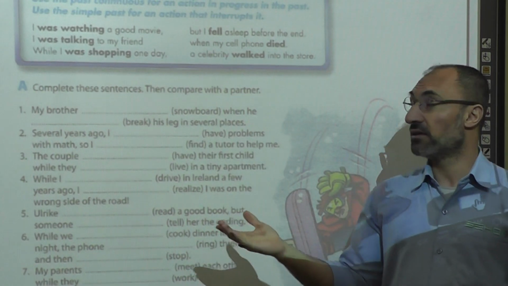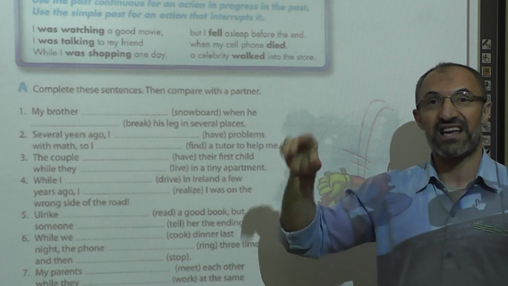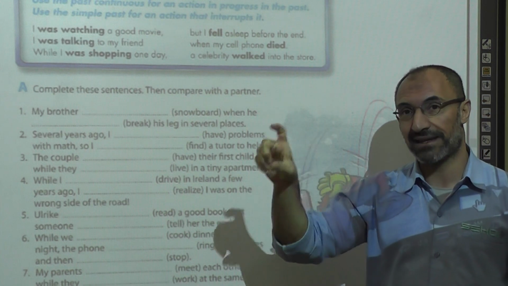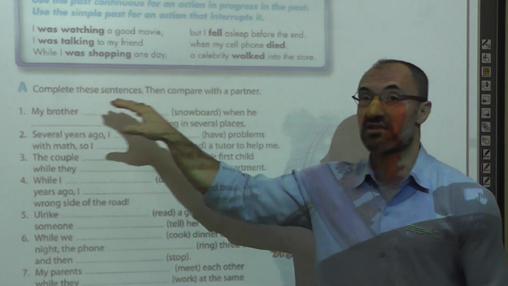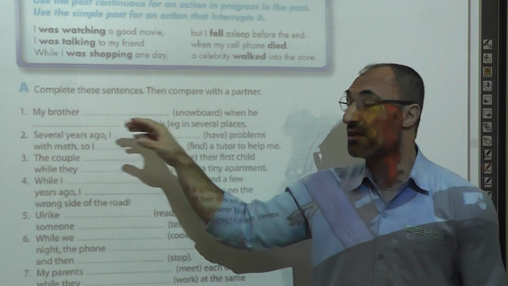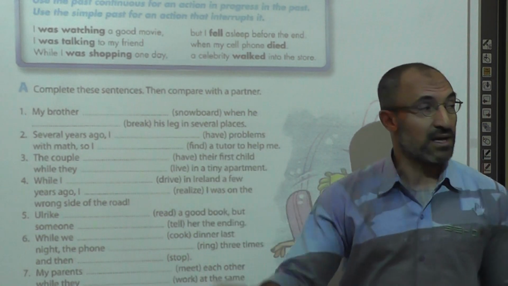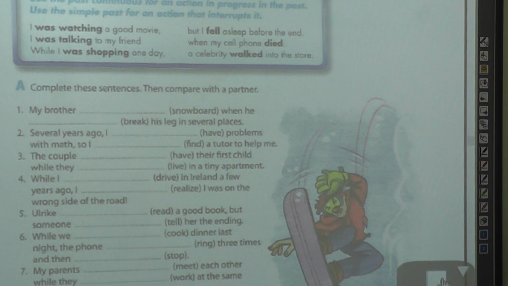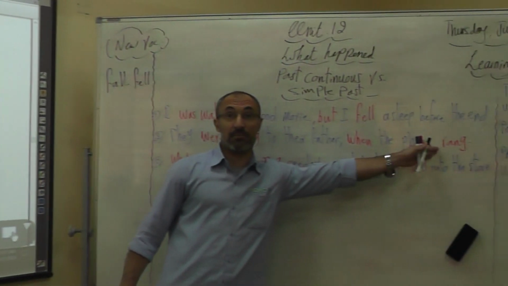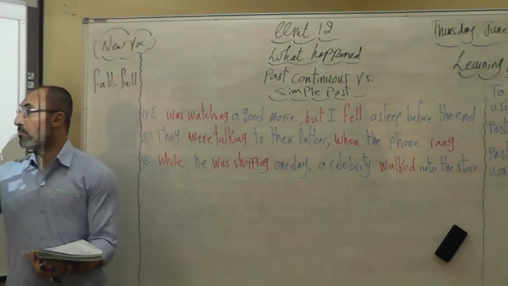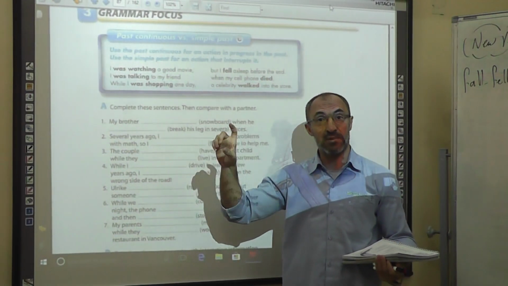Then what happened? The action which will interrupt our continuous one should be in the simple past form. Comparing it to our second example, here it's in the simple past tense. So, break should be simple past.